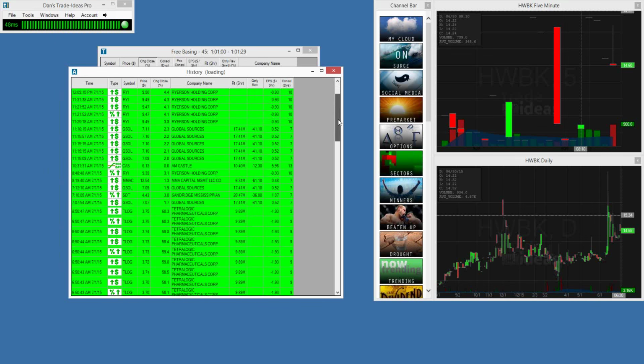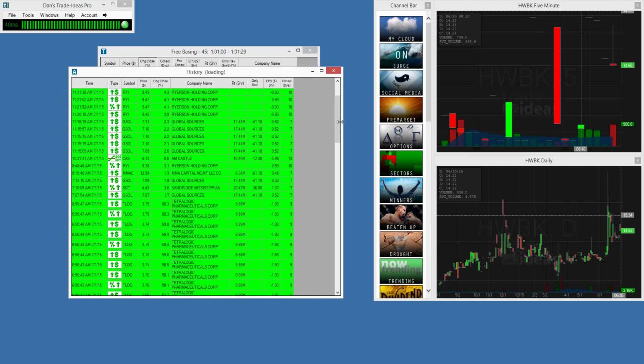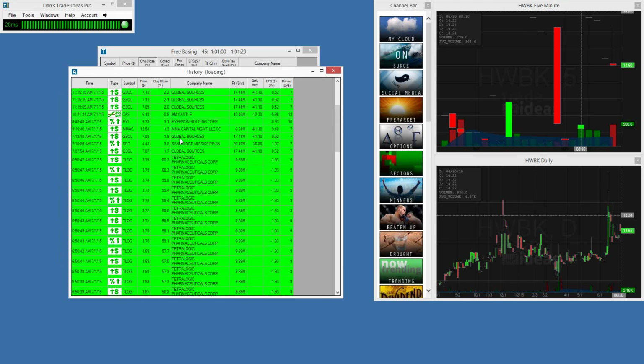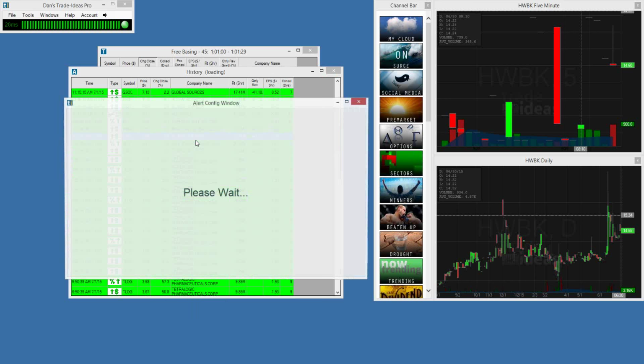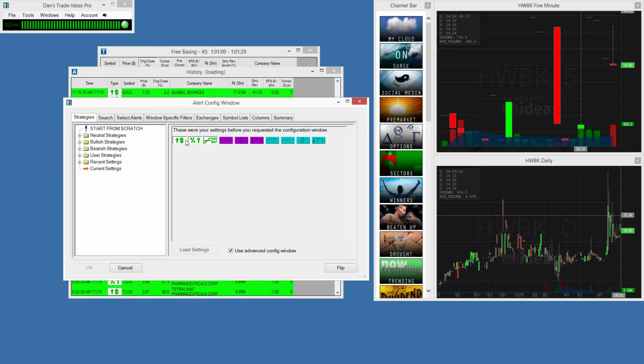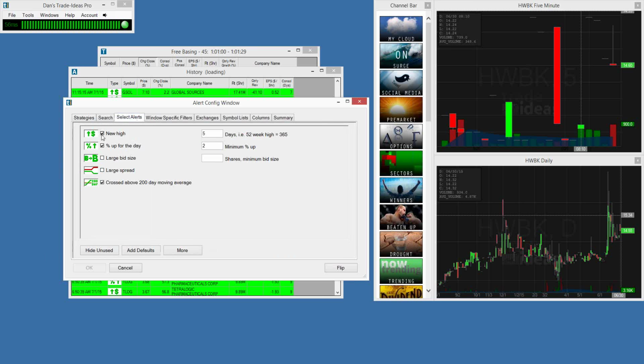So I'd done this prior to, just so you guys know, instead of doing everything right as I'm doing the demo, to make sure that I can convey my points more clearly. I have this window pre-done, and again, of course, everybody here can have it. But my point is that in order to do that, in the alert window, I had to set an alert window filter, an alert that I wanted to watch.